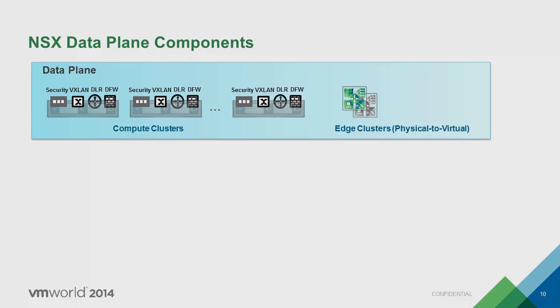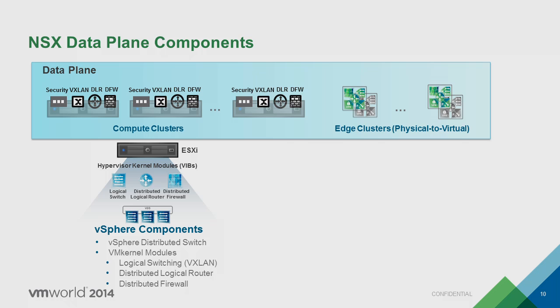So for east-west traffic, all the data plane function will be done at the hypervisor level. For south-north traffic instead, you will use the edge service gateway to get in and out of the logical space. And these edge service gateway clusters can be scaled out as well. So you can have multiple of them as you scale the number of tenants, as you scale the capacity.